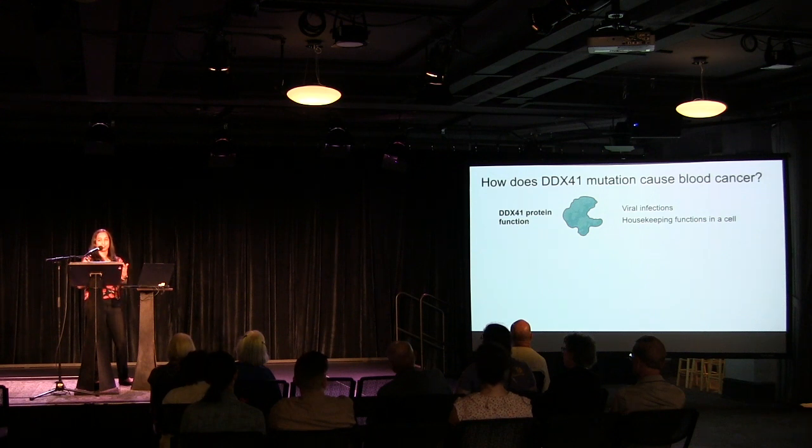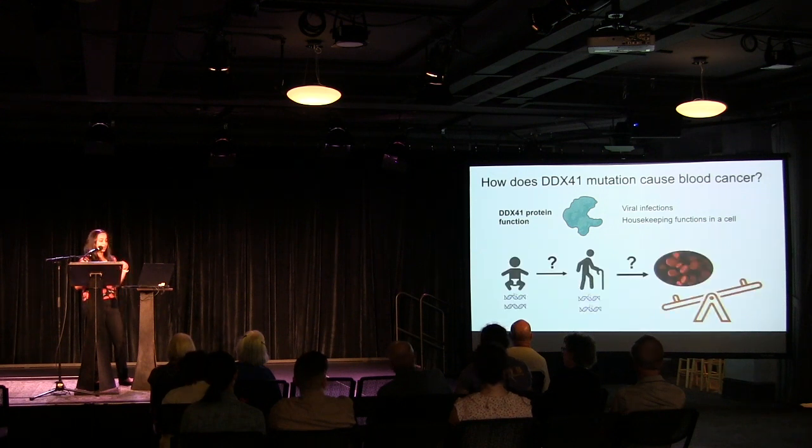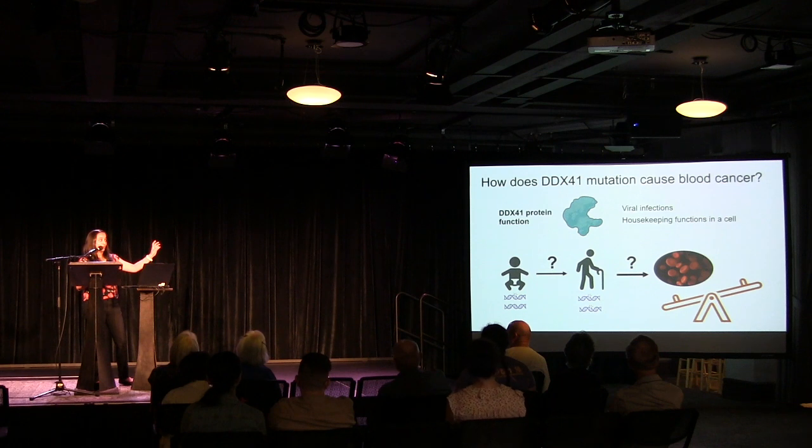And that's what we're all trying to study. And like I said, we still don't quite understand why when a patient has an inherited mutation, they end up acquiring that second mutation when they grow old. And we also don't quite understand why, when you have that second mutation, it's leading to blood cancer.